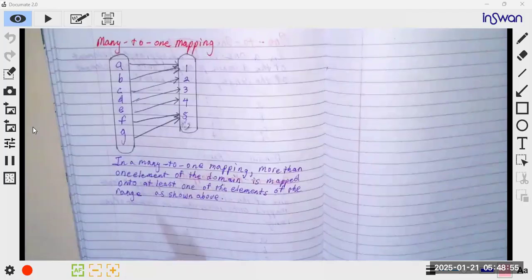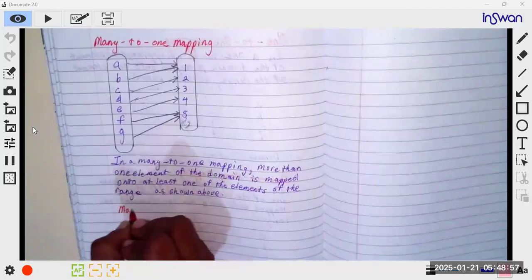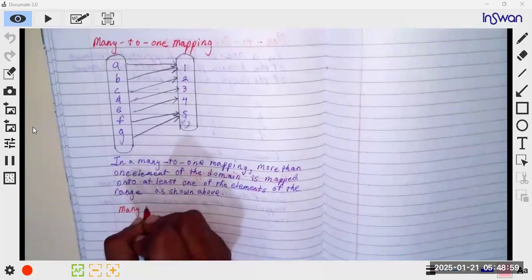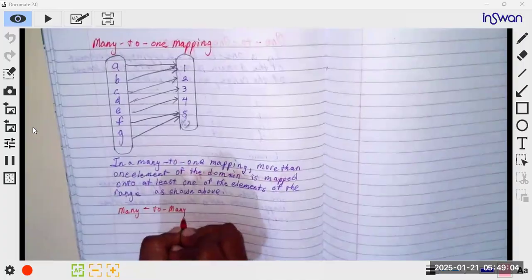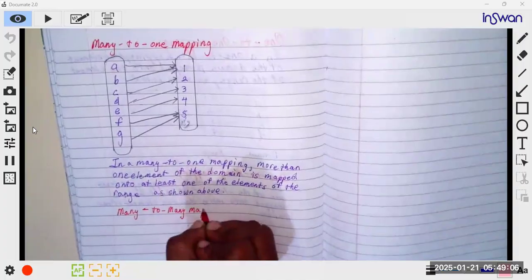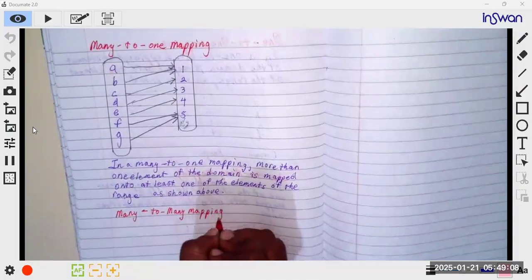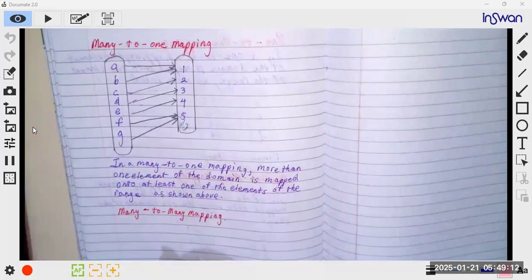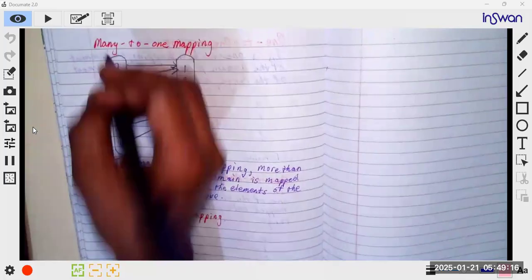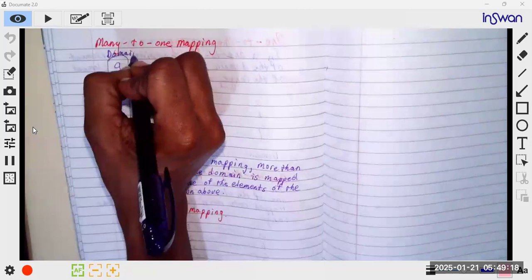The last one, the fourth and final one, is what we term many-to-many mapping. This here is my domain, and this is the range.